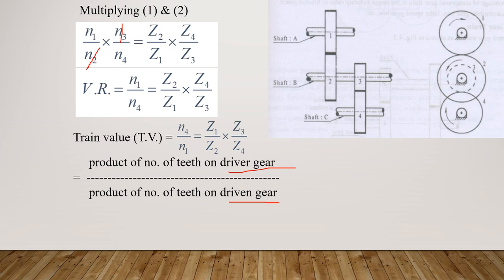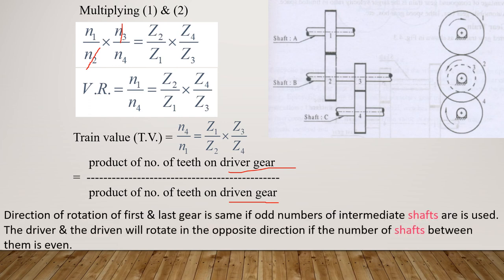Now coming to some of the conclusions related to the compound gears, we can say that here everything depends on the intermediate shaft. In the simple gear train, it was related to intermediate gears, but here it will be the intermediate shaft.